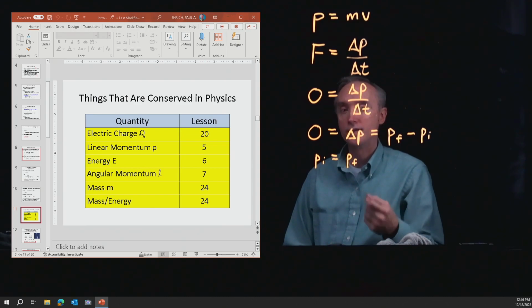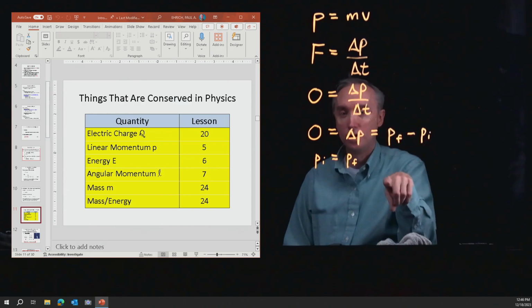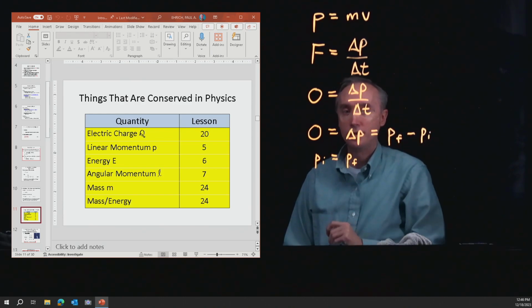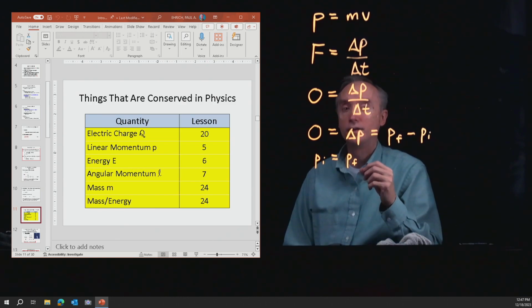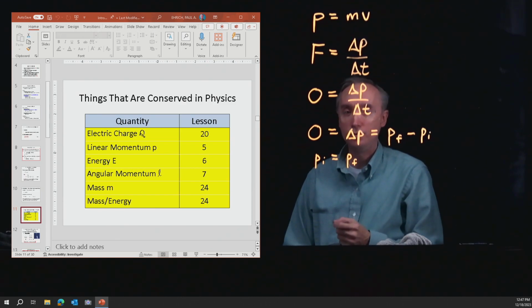And then in lesson number 7, when we talk about things that are rotating, we're going to learn there's another kind of momentum called angular momentum, which can also be conserved. And then later, we're going to talk about nuclear processes and how mass is conserved.